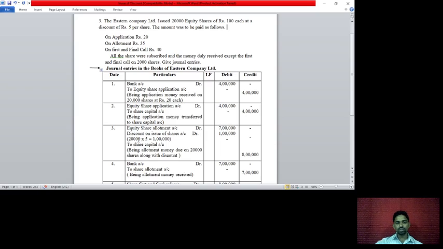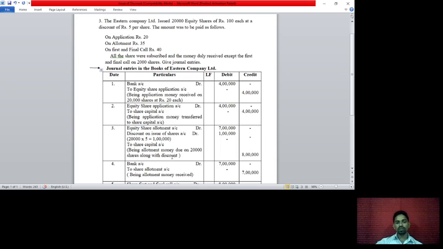Discount on issue of shares account debit rupees 1 lakh. How did the 1 lakh come? Because the discount is rupees 5, and 5 into 20,000 is 1 lakh. To share capital account credit rupees 8 lakh. Being allotment money due on 20,000 shares along with discount.